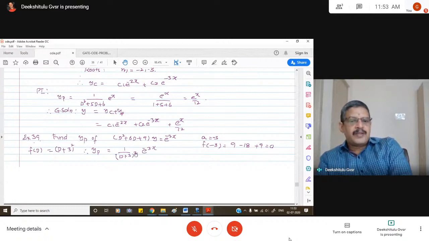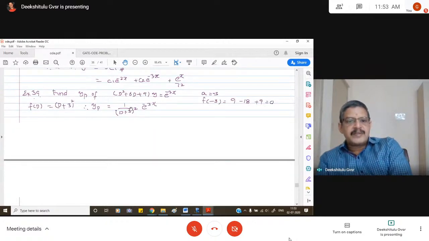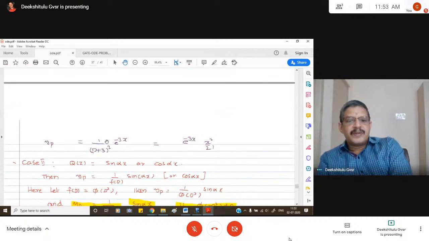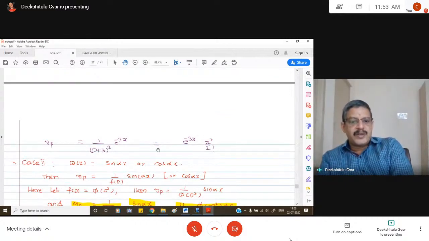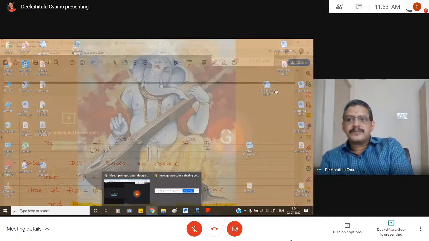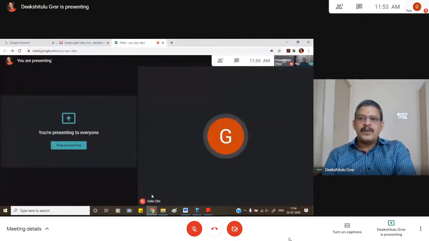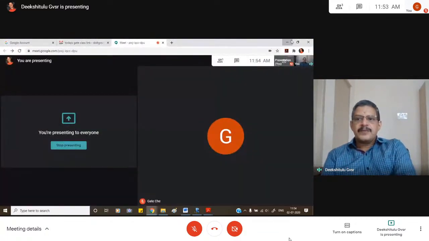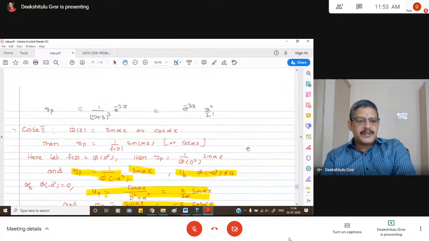So phi of a is 1, and e power minus 3x by phi of a is 1, into, because the root comes twice here, x power m by m factorial. Okay, this is how we get this.